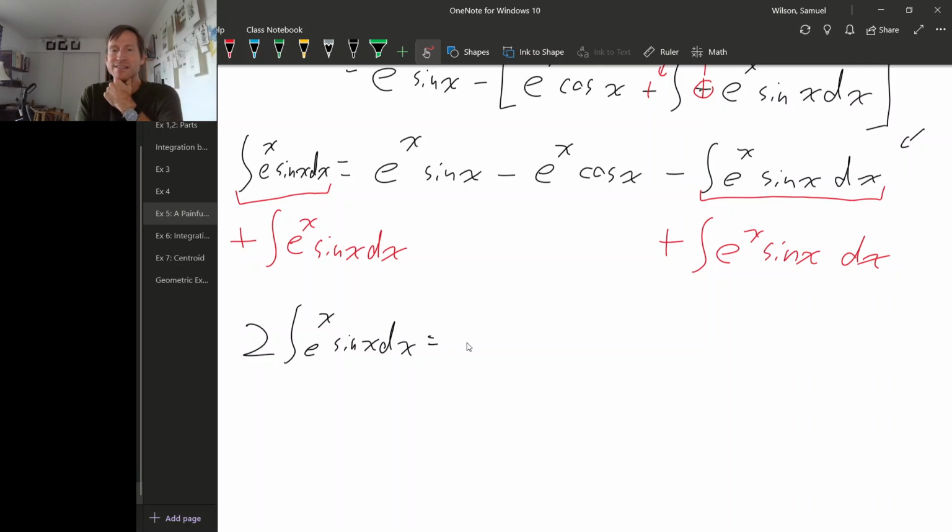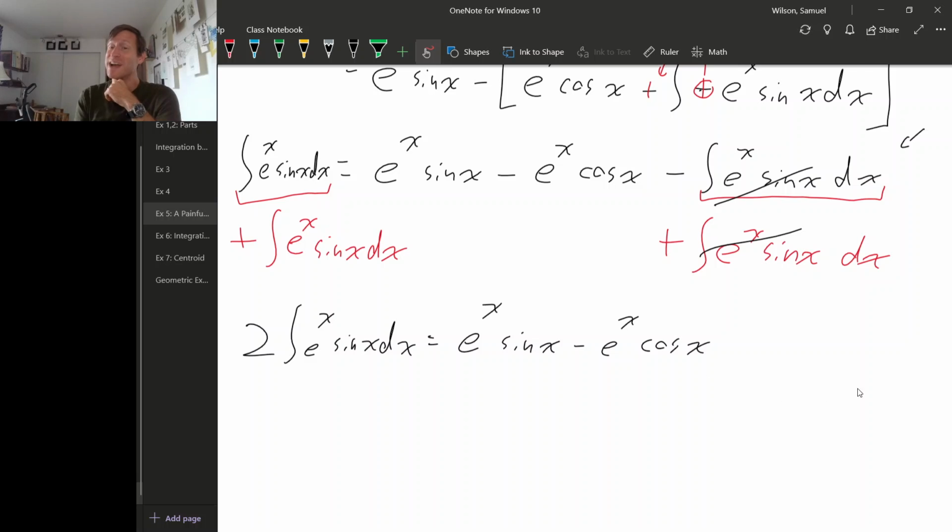And then on the right-hand side, e to the x sine x minus e to the x cosine x. And the minus the integral and plus the integral on the right-hand side, of course, those cancel and they're gone. On the right-hand side, we don't have a constant of integration because our indefinite integral on the right-hand side canceled.